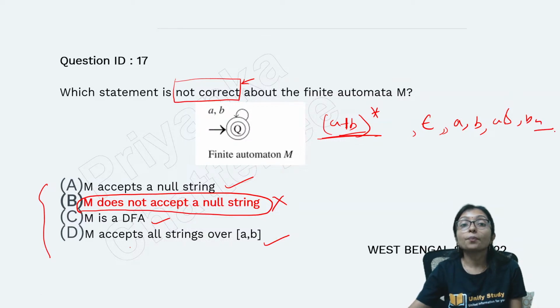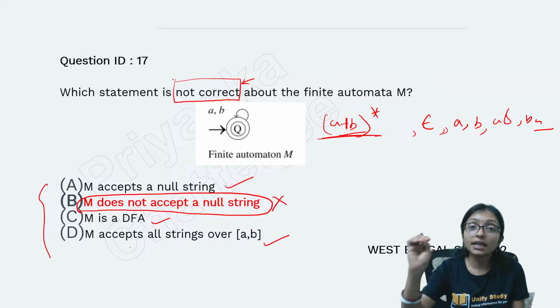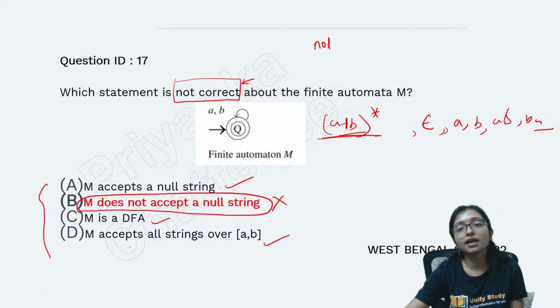Right? So be careful always, and always remember, if I ignore the "not" in the question, then I have to see "not qualified". Be ready for that. I always tell the students, you have to be very careful about the "not" in the question.